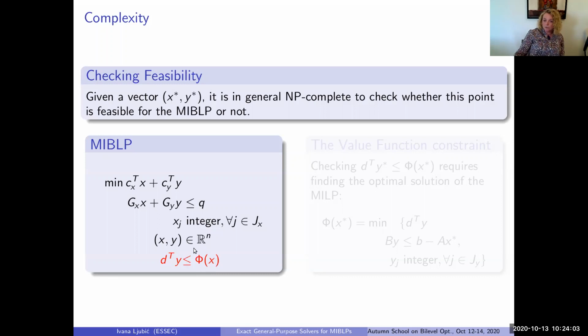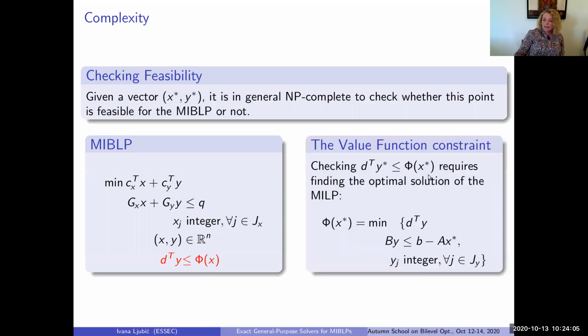And in order to do that, we unfortunately have to solve the follower's MILP in order to figure out what the value function is for the given choice x star of the leader. Once we find this value, we simply have to check whether the value that we obtain by plugging in y star satisfies this condition.